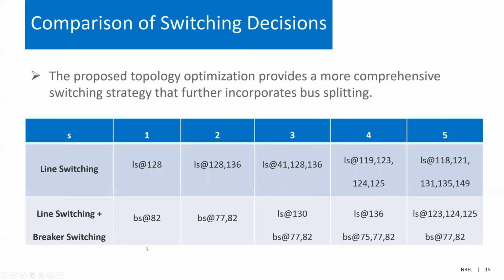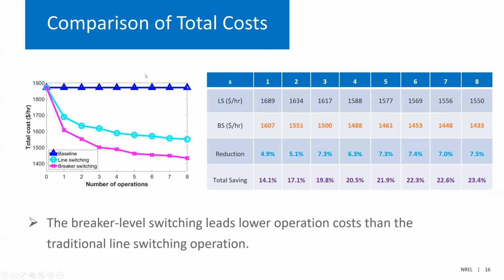We can see that the proposed method provides a more comprehensive switching strategy that can further incorporate bus splitting. In terms of the total cost, we also provide this figure here, which compares the total generation cost between the line switching and the breaker switching. We can find that the breaker switching can further reduce about 4 to 8% on top of the traditional line switching strategy.